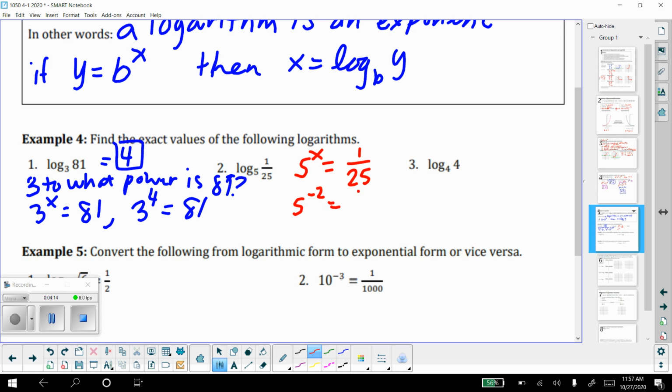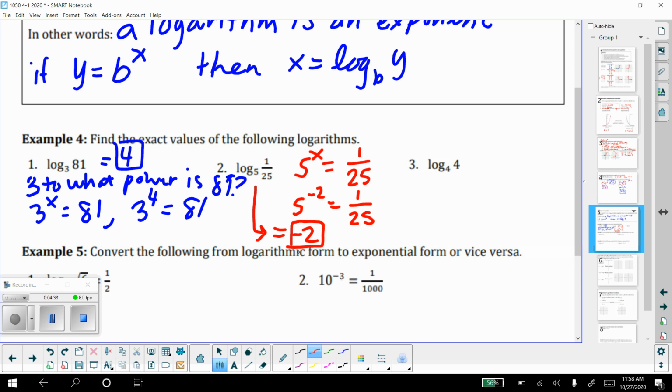That gives us 1 over 25, because that would give us a reciprocal, and it squares our number. So 5 to the negative 2 power equals 1 over 25, I believe. That means the value of our logarithm, the logarithm is an exponent, the exponent is negative 2.